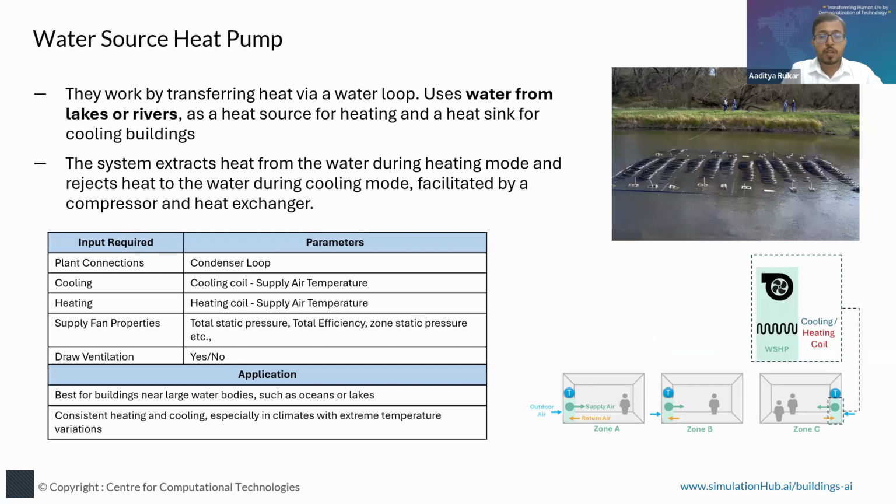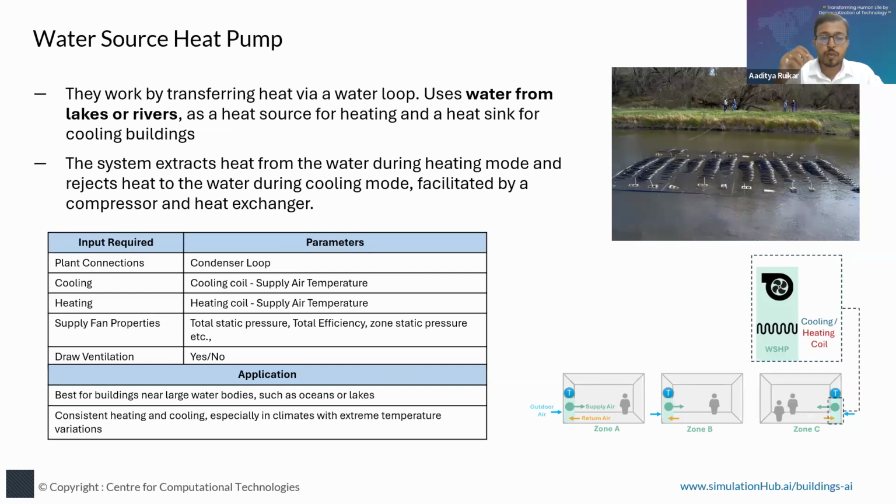So the next system is the water source heat pump, which is very efficient. I'll say it's the most efficient heat pump system because it uses water as a heat sink or heat source. Because of it, it can maintain a stable temperature on the outdoor unit side, which makes it very efficient.